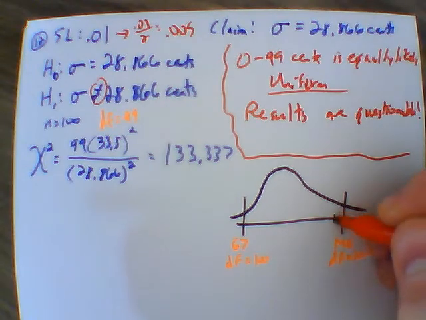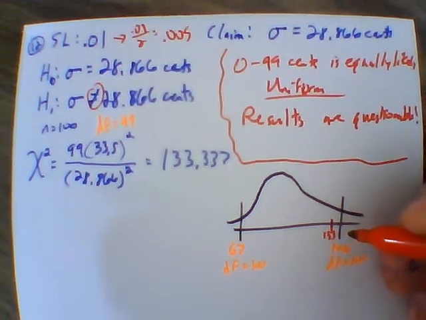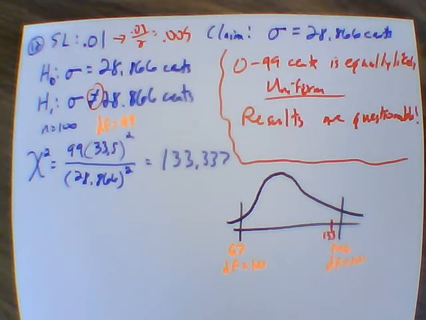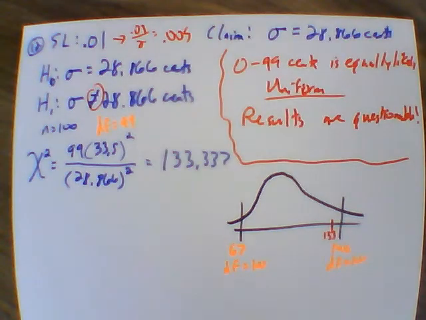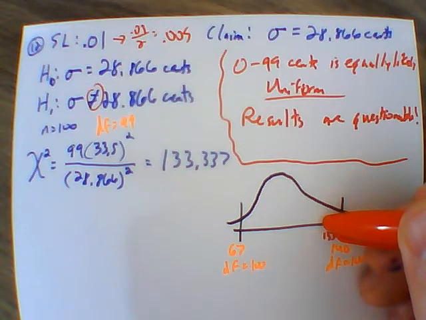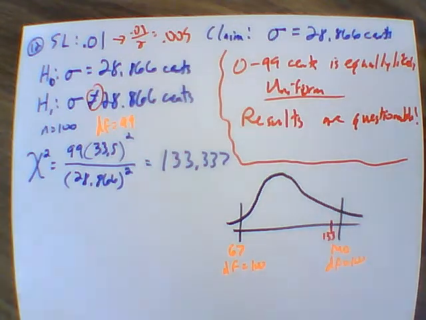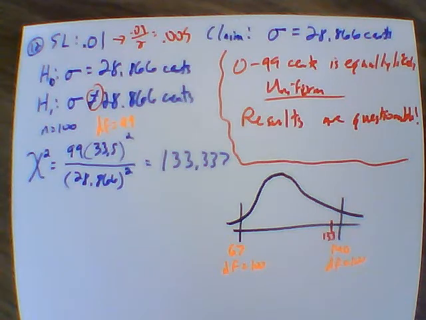If I take degrees of freedom back to 90, that one would be 128, so 128 would be roughly right on here. 99 is really close to 100, so I'm pretty sure this null hypothesis is really having some issues.